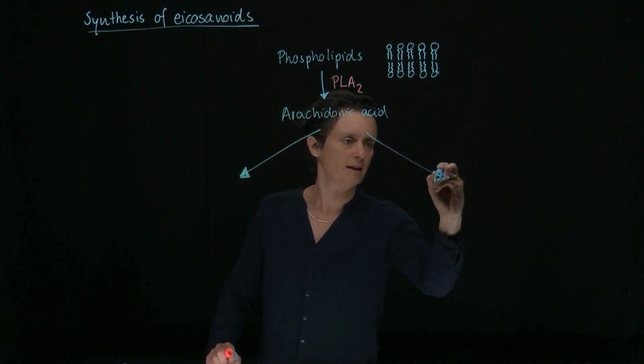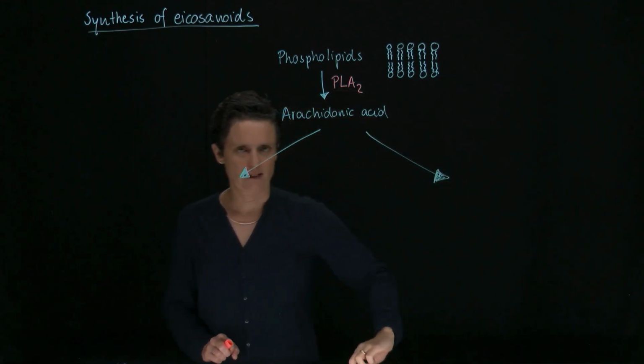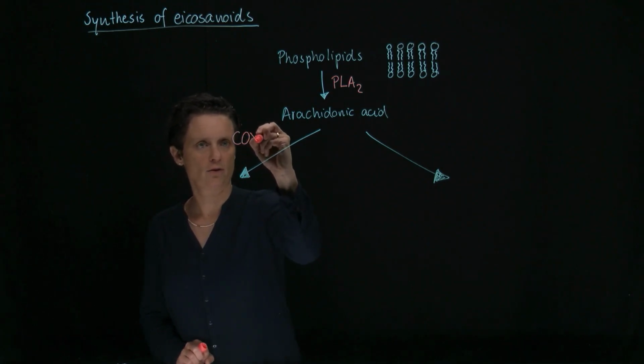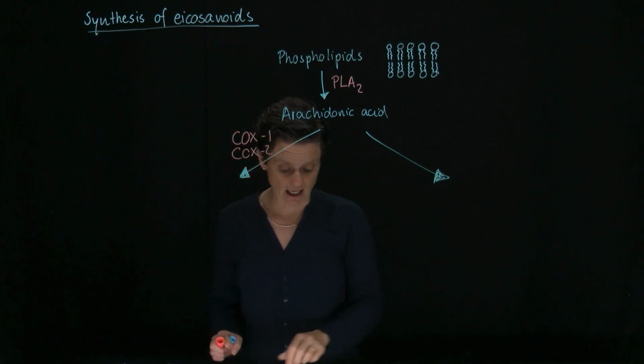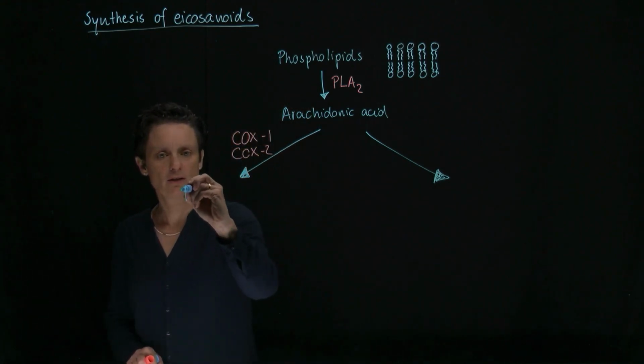And then we have a couple of enzymes working on the arachidonic acid. Number one, there are the COX enzymes. There are two isoforms, COX-1 and COX-2, and they make us the prostanoids.